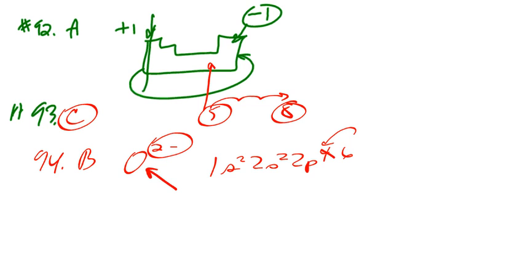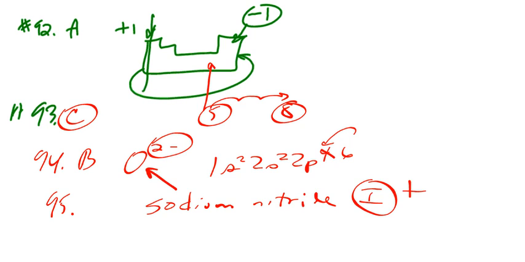Number 95 says, what's the formula for sodium nitride? First thing you should note, there are no prefixes in the name. Therefore, it is an ionic compound where you have a positive cation and a negative anion. The -ide ending used to be nitrogen, so it's sodium and nitrogen.